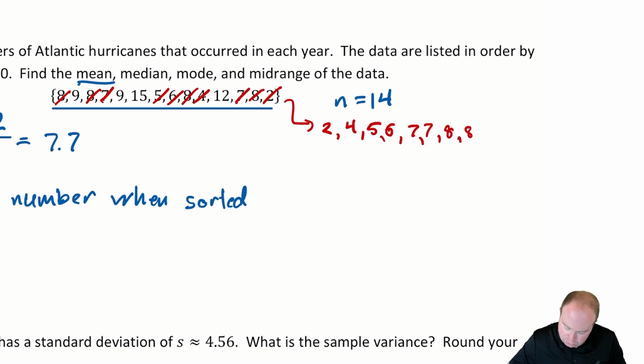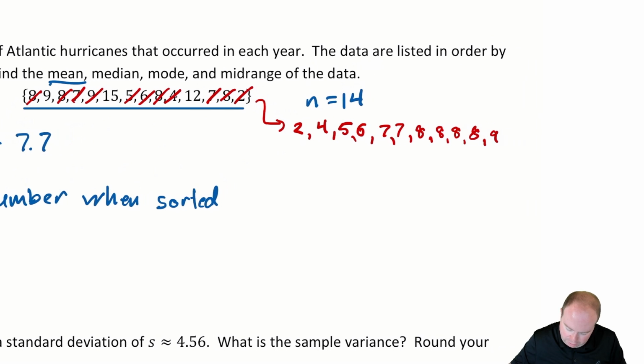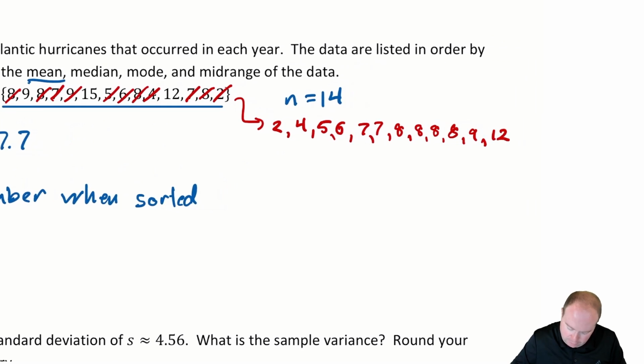We have a 9. We have a 12. And we have a 15. That was a tough year. So 1, 2, 3, 4, 5, 6, 7, 8, 9, 10, 11, 12, 13. Oh boy, I missed one. Oh, we have 2 9s right here. So let's slide that over and put a 9 here.